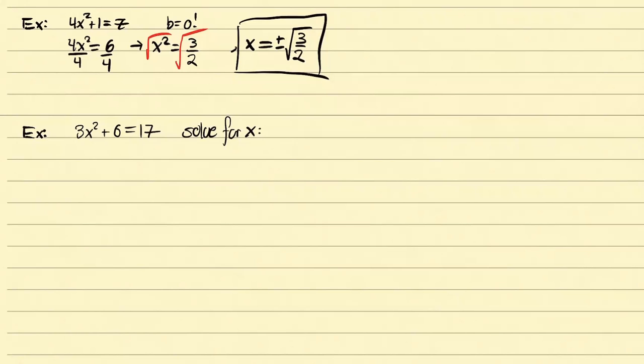So the easiest first idea is, is b equal to 0? Because if the answer is yes, use the square root property. If the answer is no, then we need to try and factor.